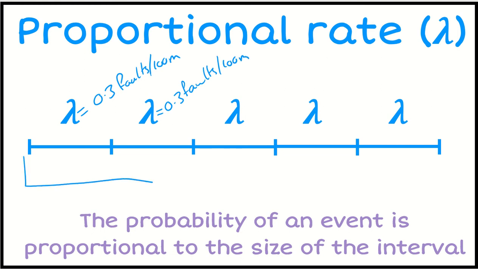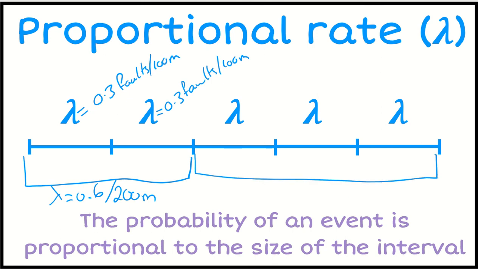So if I wanted a 200 metre piece of rope, then that would have an overall rate of 0.6 per 200 metres.